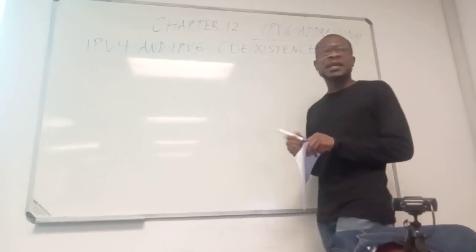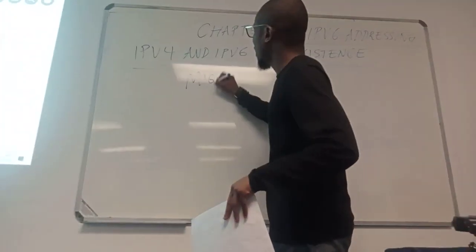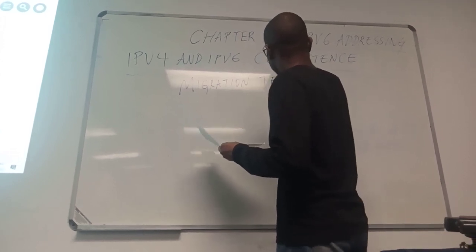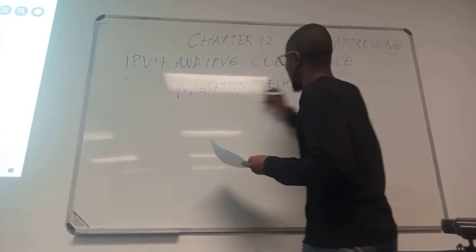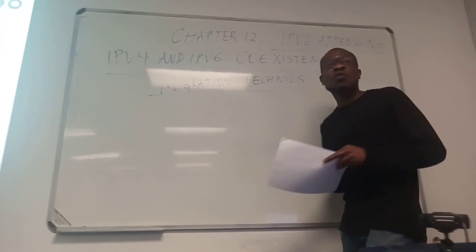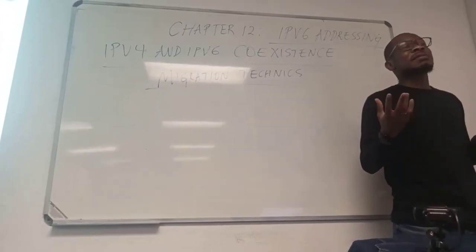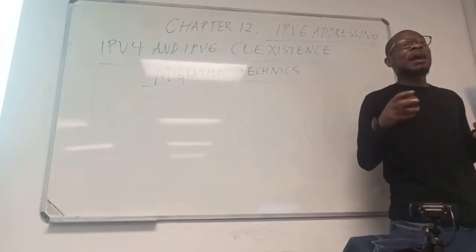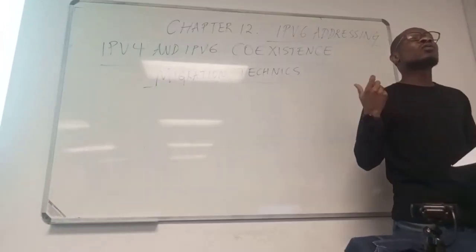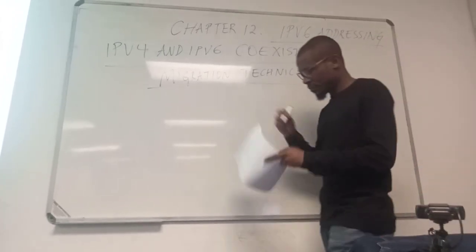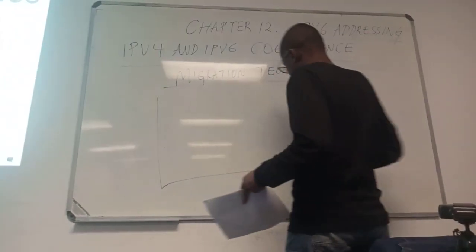There is what we call the migration techniques. They will ask you these questions. How can one device use those two IPs? There are methods that you are going to go for. There are three types of migration. You can use this table.